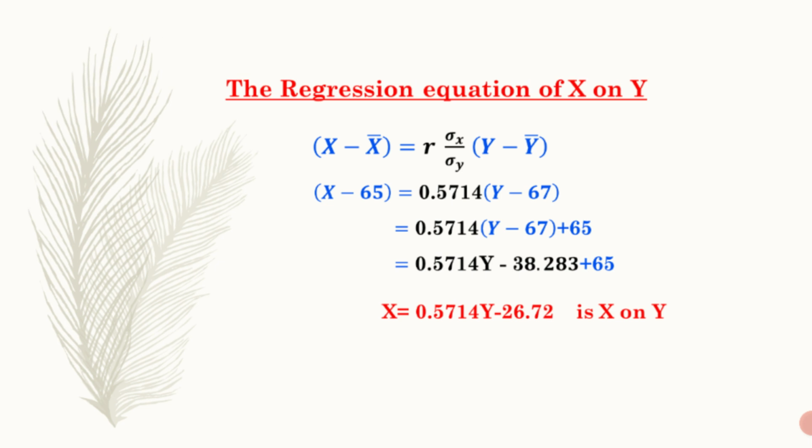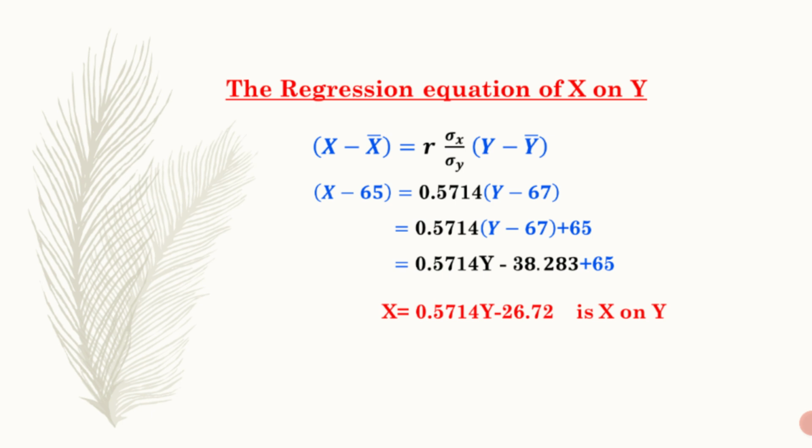This is our regression equation of x on y. In the previous section, we used the data to find x bar, y bar, r and so on, but here we directly substitute the values in these equations. Our r into sigma x by sigma y is 0.5714, y bar is 67 and x bar is 65.